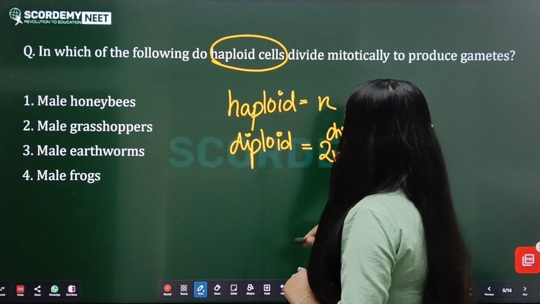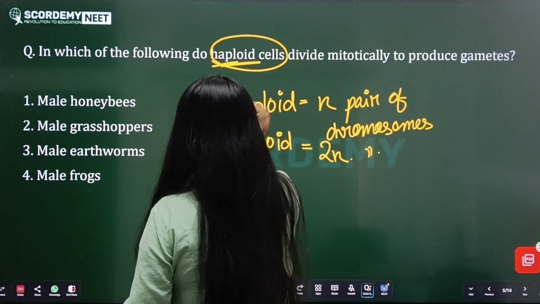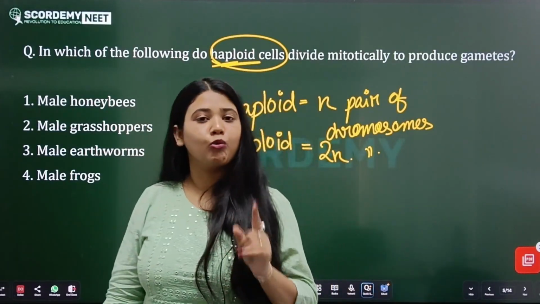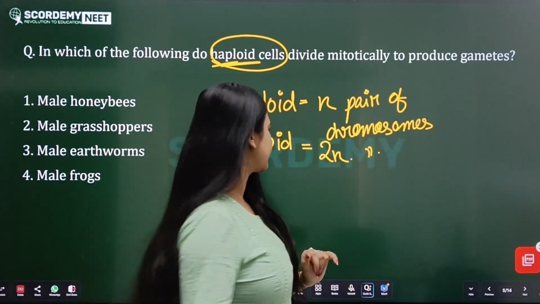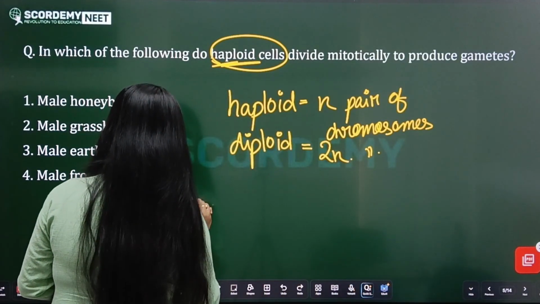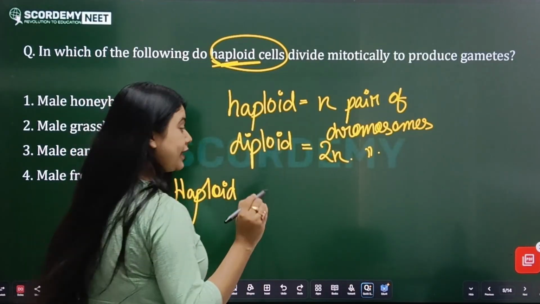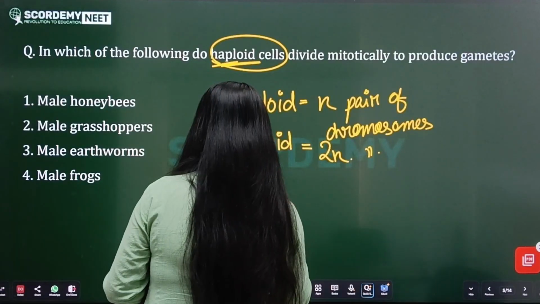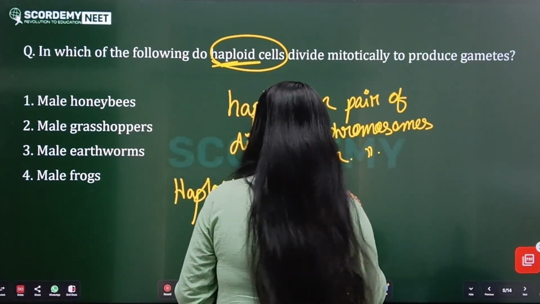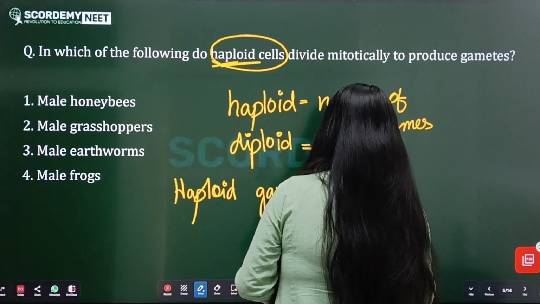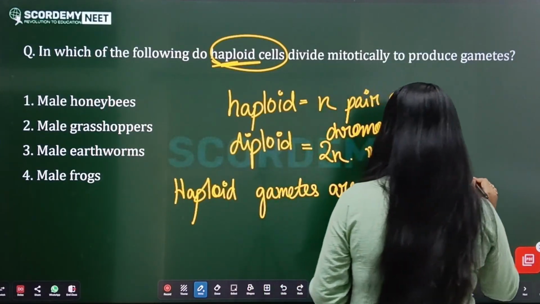Now see, whenever you find the term haploid, you have to remember one golden line about haploid cells. To be specific, haploid gametes are formed by mitosis.